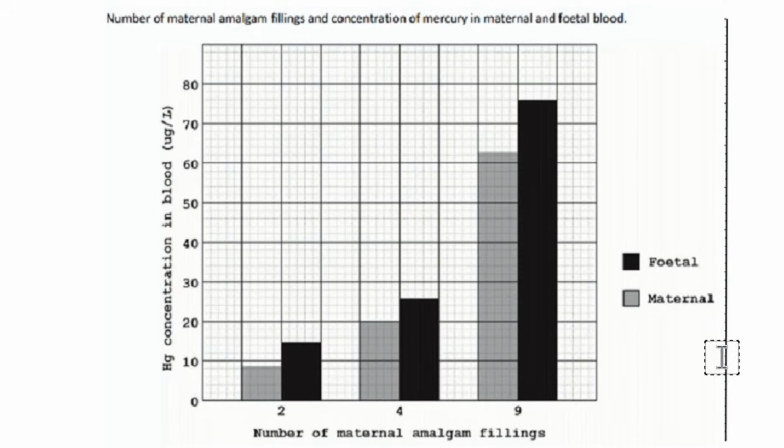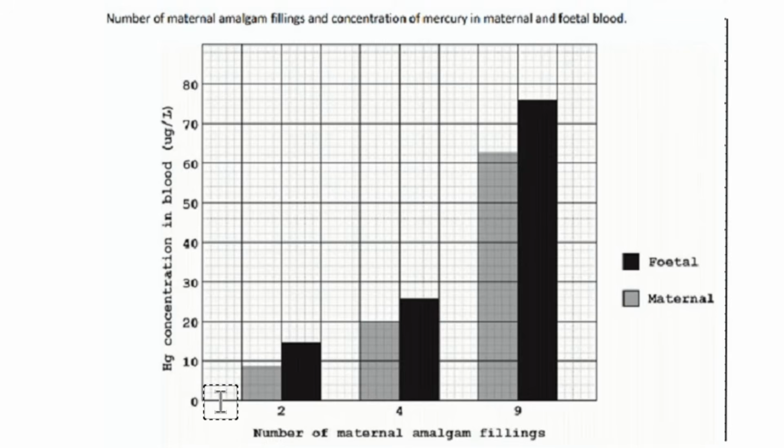You also want a key or legend to represent fetal and maternal. Here we have the number of maternal amalgam fillings, and here the mercury concentration in the blood. Make sure to put the units, which is micrograms per liter. You want your graph to occupy at least half of the space on the grid, on each axis.